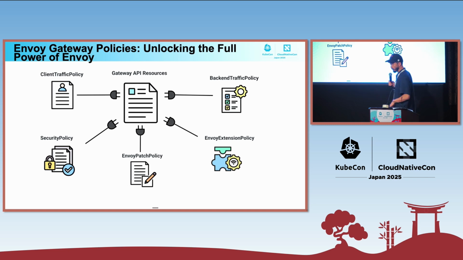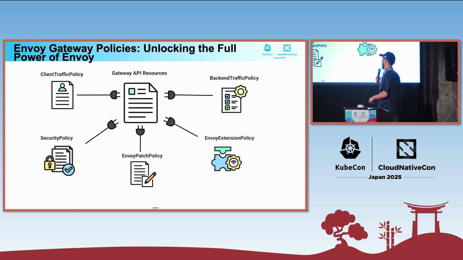Just like the diagram shows, you can attach some additional configuration to the core Gateway API resources like gateways and HTTPRoutes, but without needing to modify them directly. For example, we have ClientTrafficPolicy, BackendTrafficPolicy, SecurityPolicy, EnvoyExtensionPolicy, EnvoyPatchPolicy. These policies are defined by Envoy Gateway, and they are like extensions of the Gateway API.